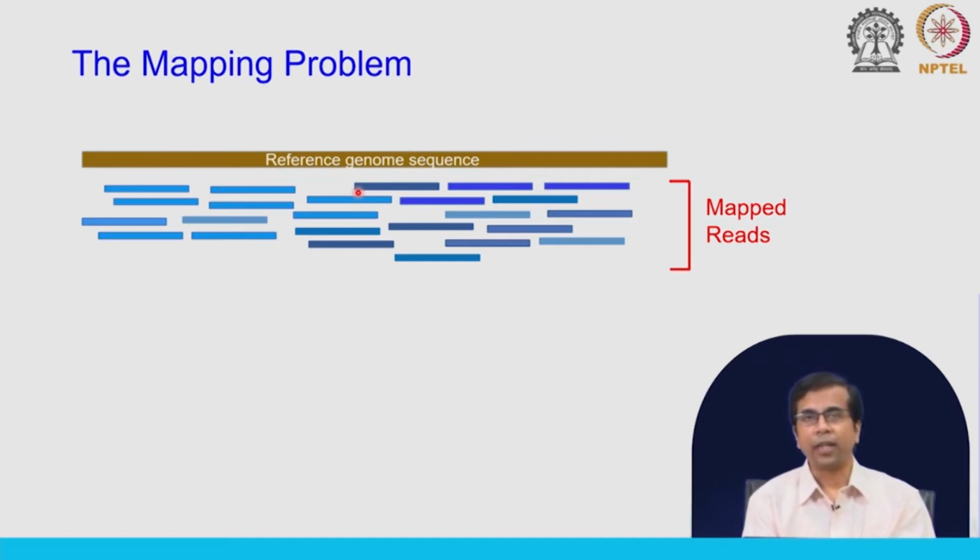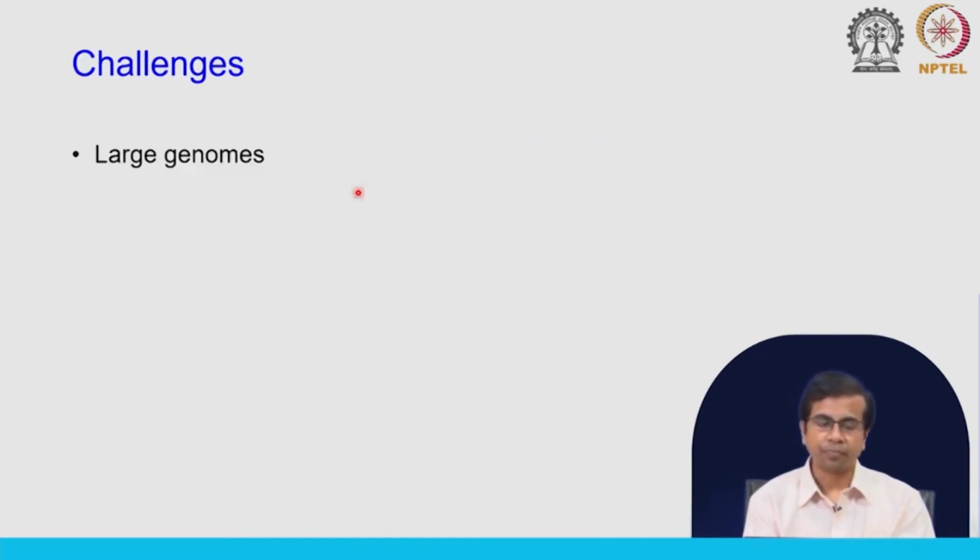What are the major challenges here? The first challenge is that we work with large genomes. Most of the data that we will see, for example the human genome, will be huge, about 3 times 10 to the power 9 bases. If you work with plants or mammalian genomes, these are really big genomes.